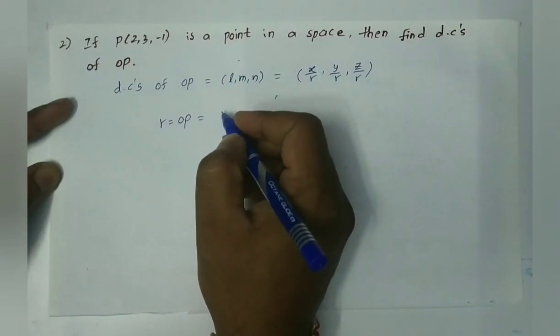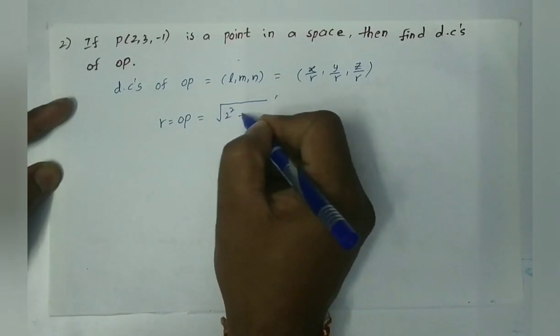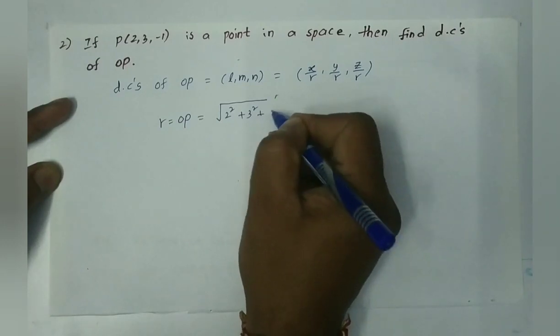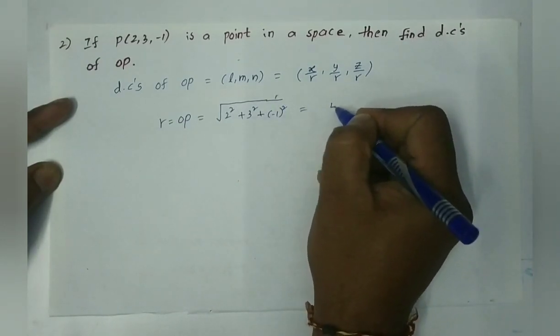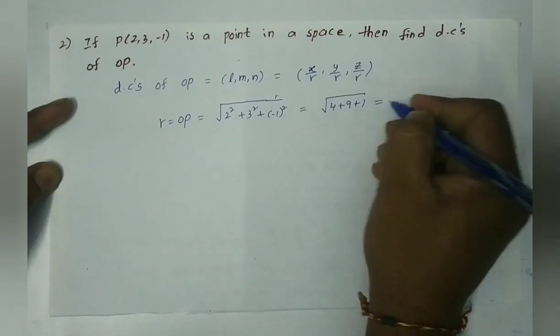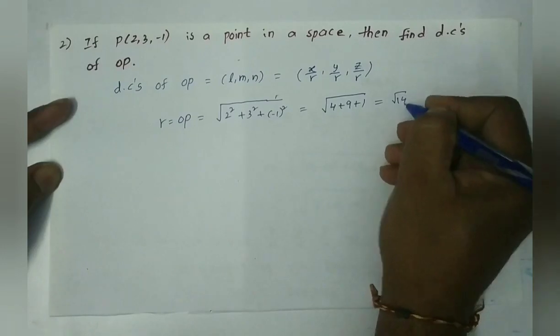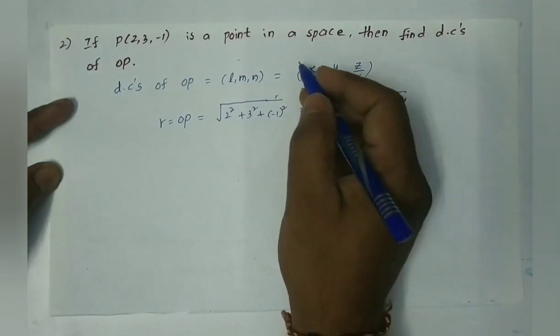The distance between O and P is nothing but under root of 2 square plus 3 square plus minus 1 whole square, which is equal to under root of 4 plus 9 plus 1, which is nothing but under root of 14. So this is the value of r. Just substitute here.